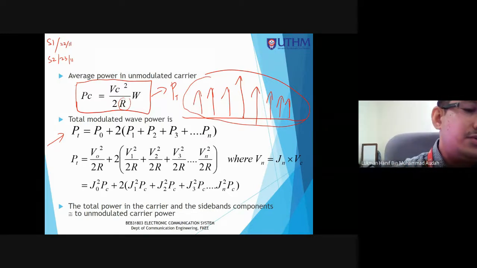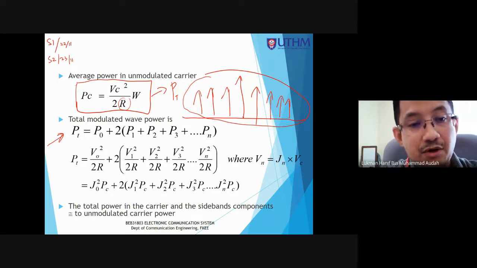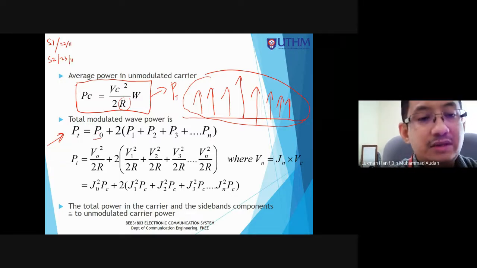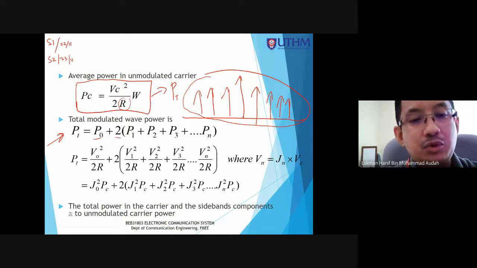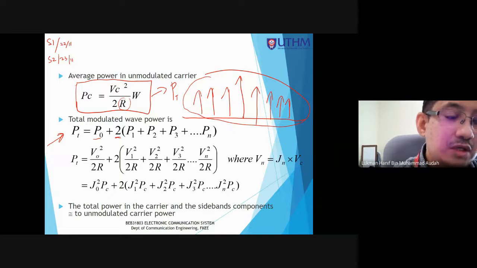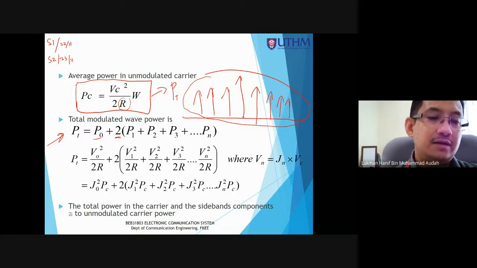So you see that the way we calculate the total power can also be done by summation of all the frequency components. This is P0 plus 2 times P1, P2, P3 until Pn. Why multiply by 2? Because we have two sidebands, the upper sideband and the lower sideband, so it is a pair.